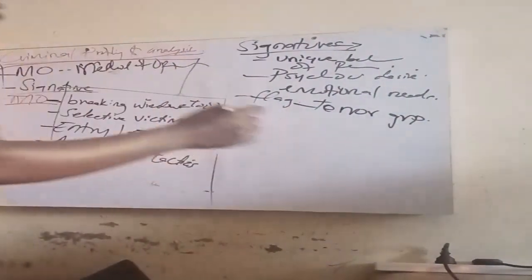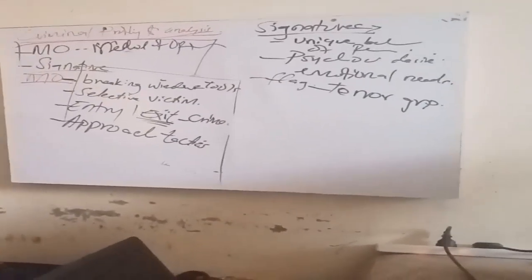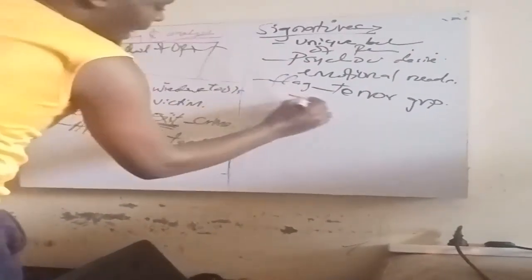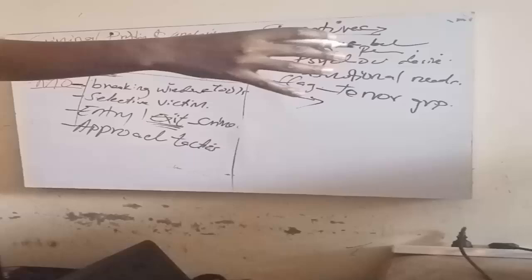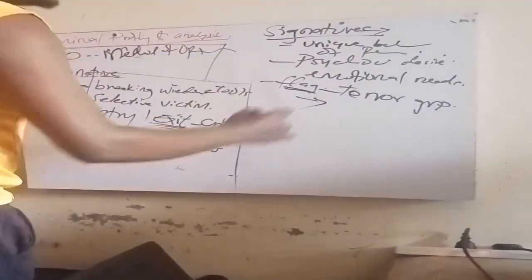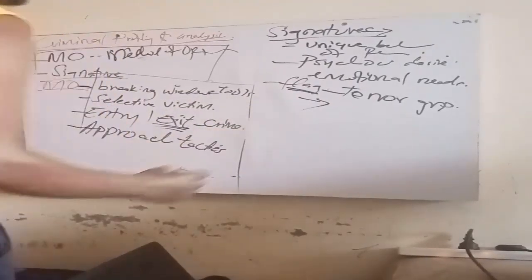No wonder you hear the government saying, when a terror attack happens in terror-prone countries where there are many terror groups, before the terror group even says it was them, the government already knows it is a certain terror group. Why? Because when they carry out an attack, they must leave a signature, something like a flag there.